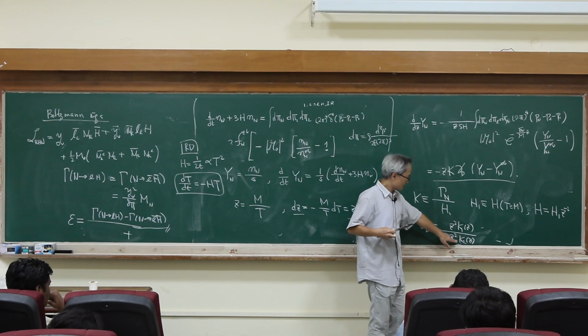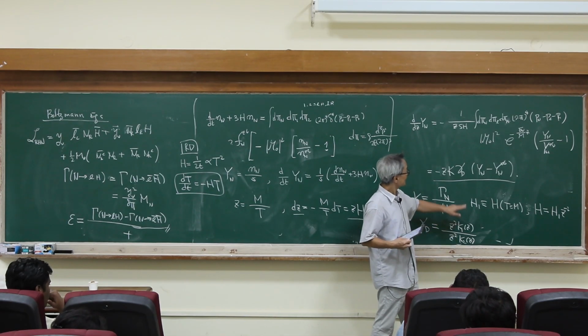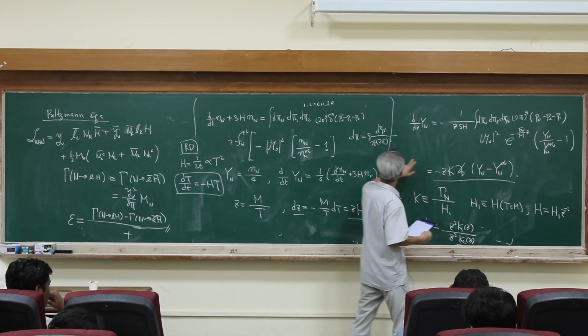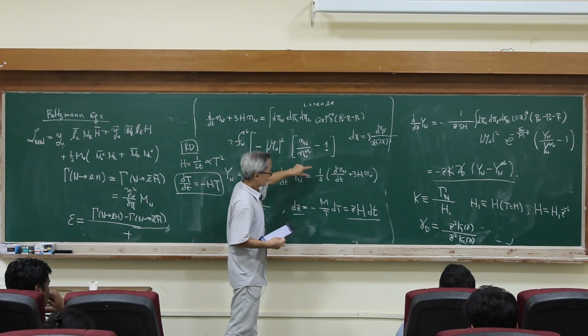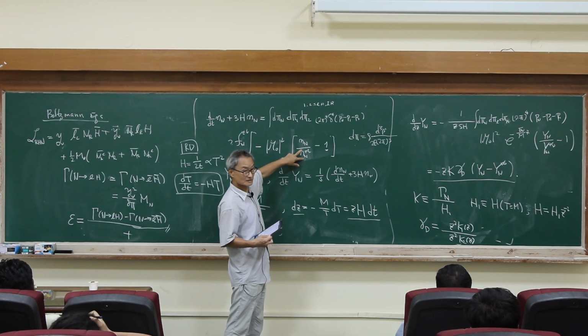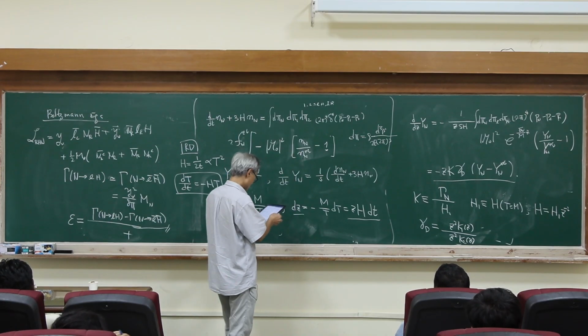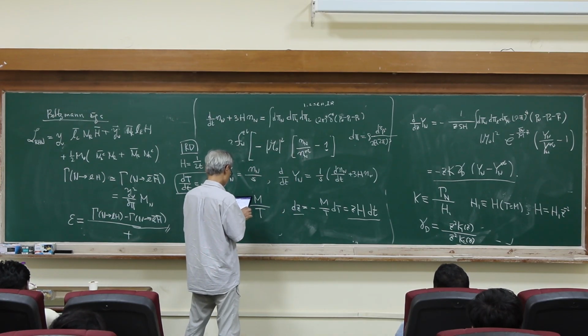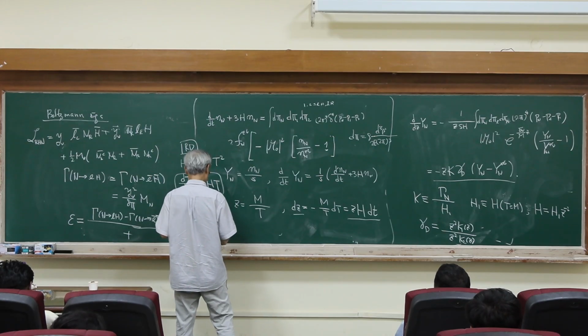Okay, so Z squared K2 is nothing but that came from this quantity.